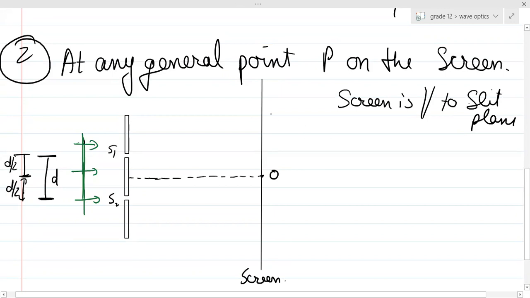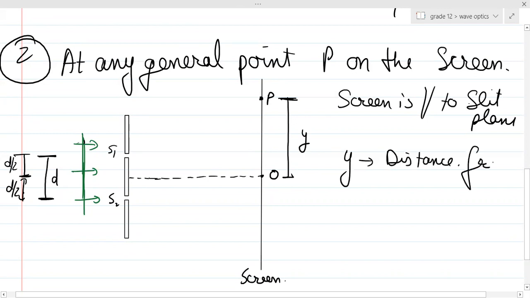Now, we are assuming a point P on the screen, which is at a distance y. So what is y? Y is the distance from the central maxima.